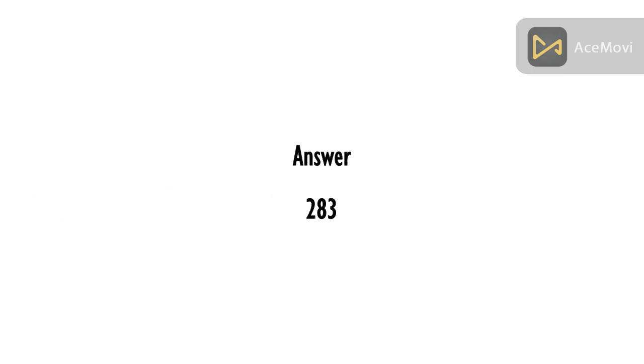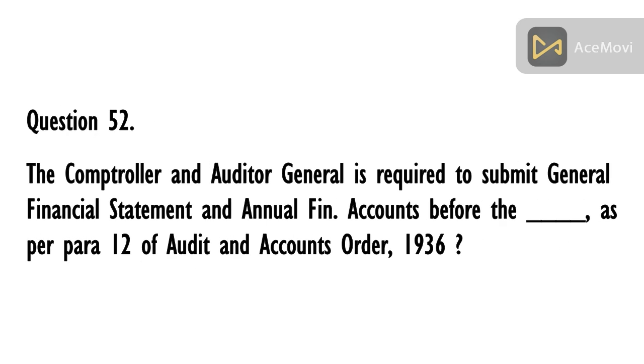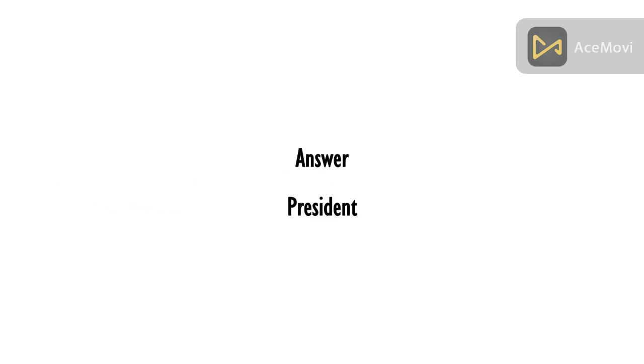Question 52. The Comptroller and Auditor General is required to submit general financial statement and annual finance accounts before the President as per para 12 of Audit and Accounts Order 1936.